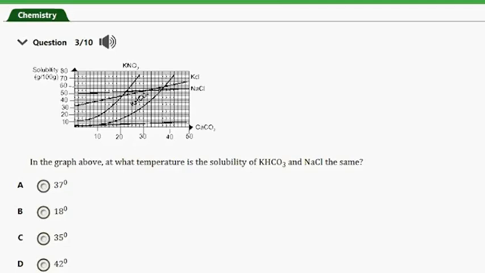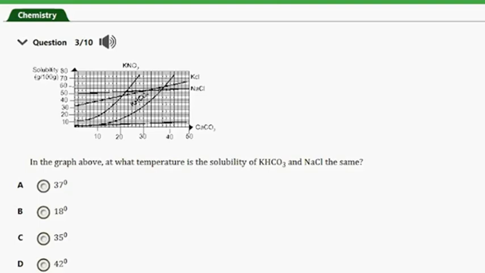So we have options A to D here. A is 37 degrees, B is 18 degrees, C is 35 degrees, and D is 42 degrees.